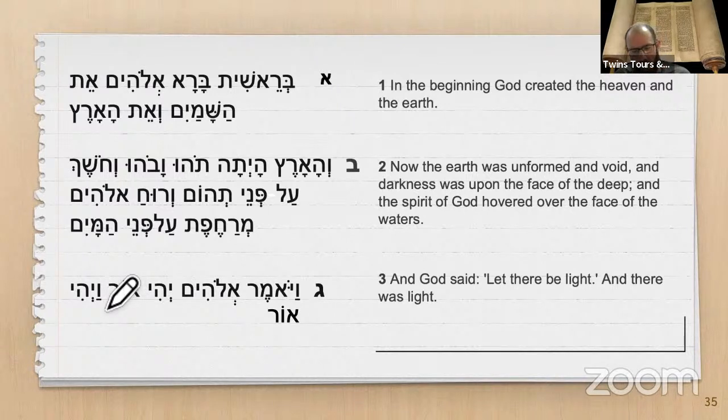Vav with a patah, Yud with a shva, and He with a hirik is e. Veyihi, or. Veyomar Elohim, Yehi or, Veyehi or. And God said, let there be light, and there was light.